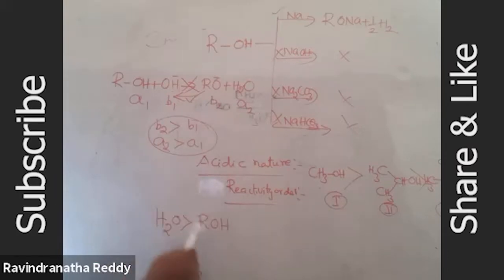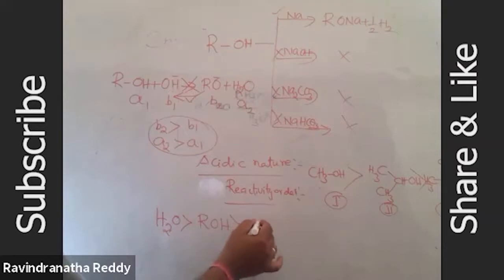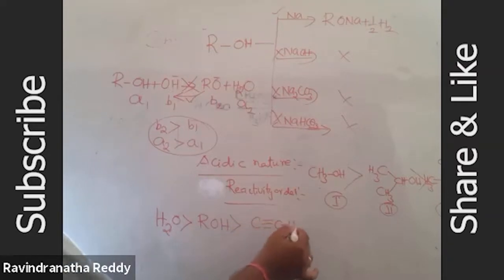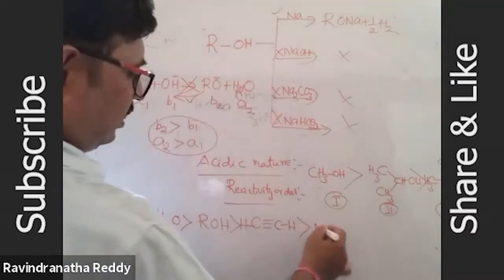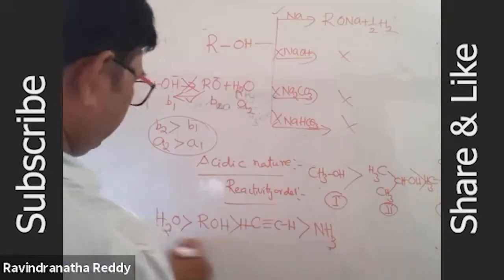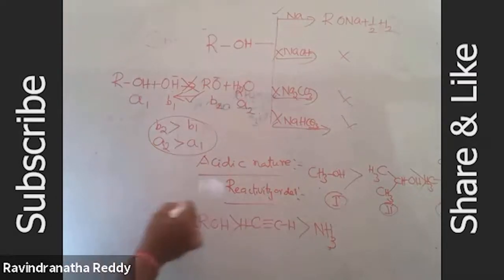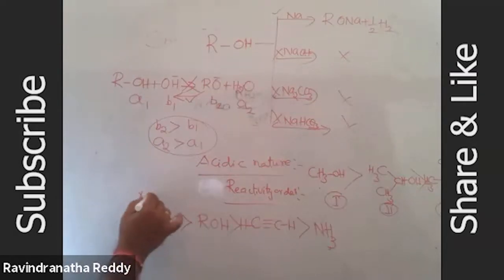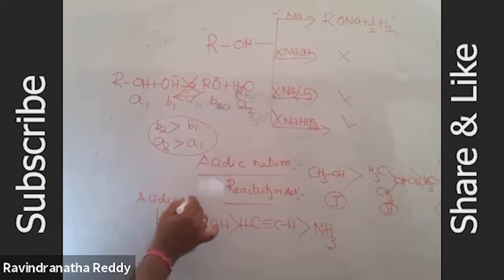Other alcohols are less acidic than water. Next is alkyne, and the next one is ammonia. This is the acidic strength order.